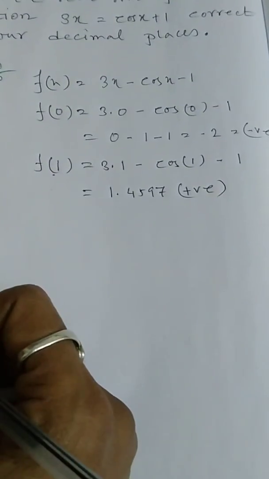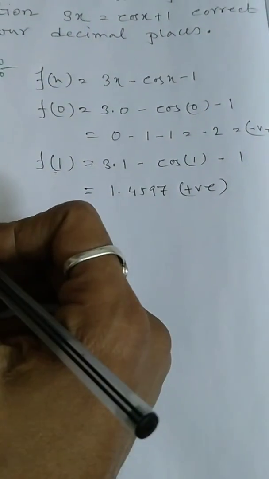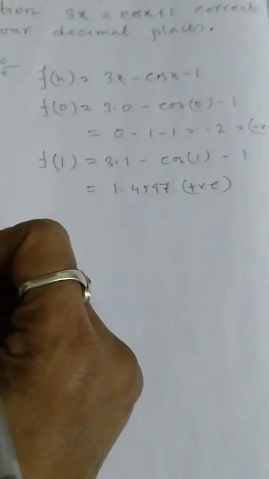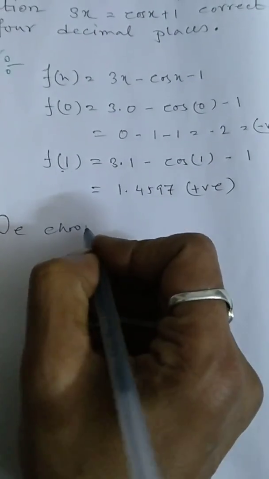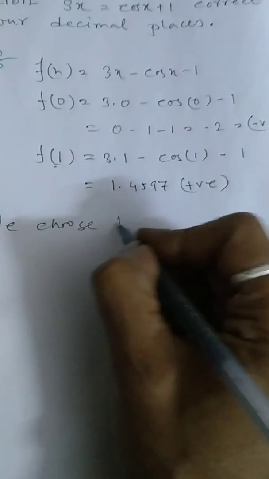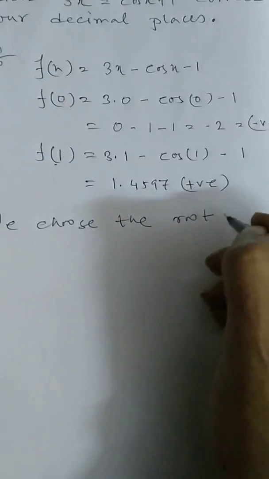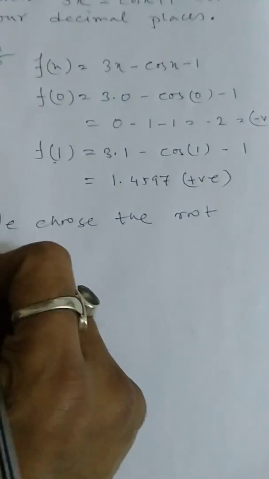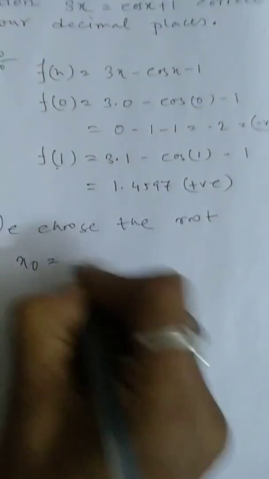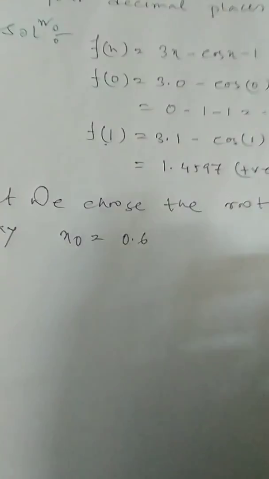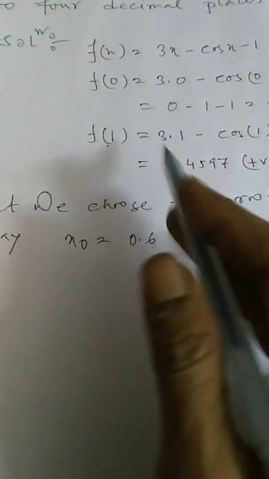Okay, now we choose any point between 0 and 1. Let us choose the root, say x0, and we choose x0 equals, suppose, 0.6. You can choose any point between 0 and 1.